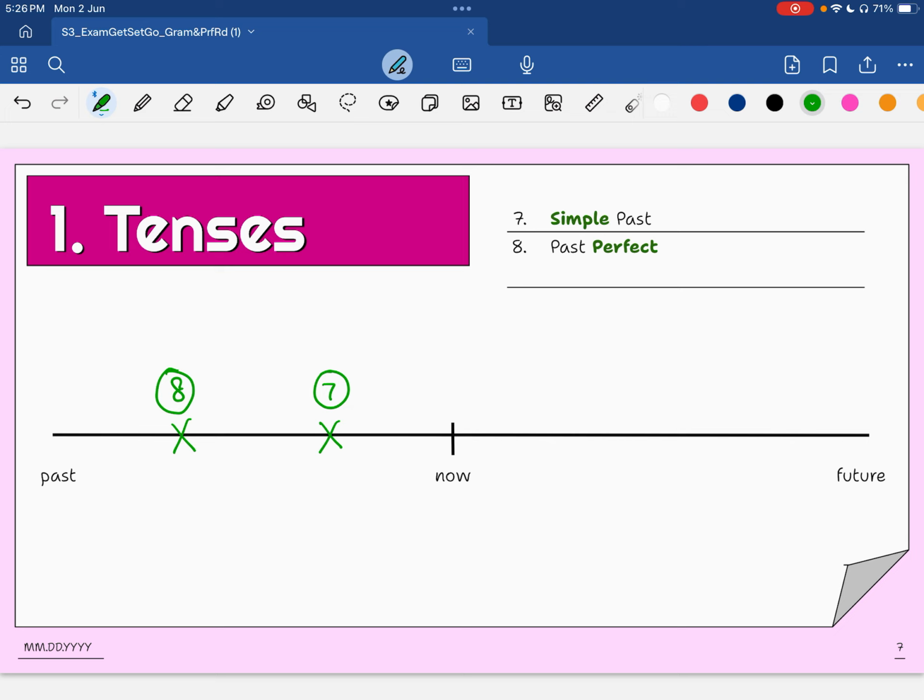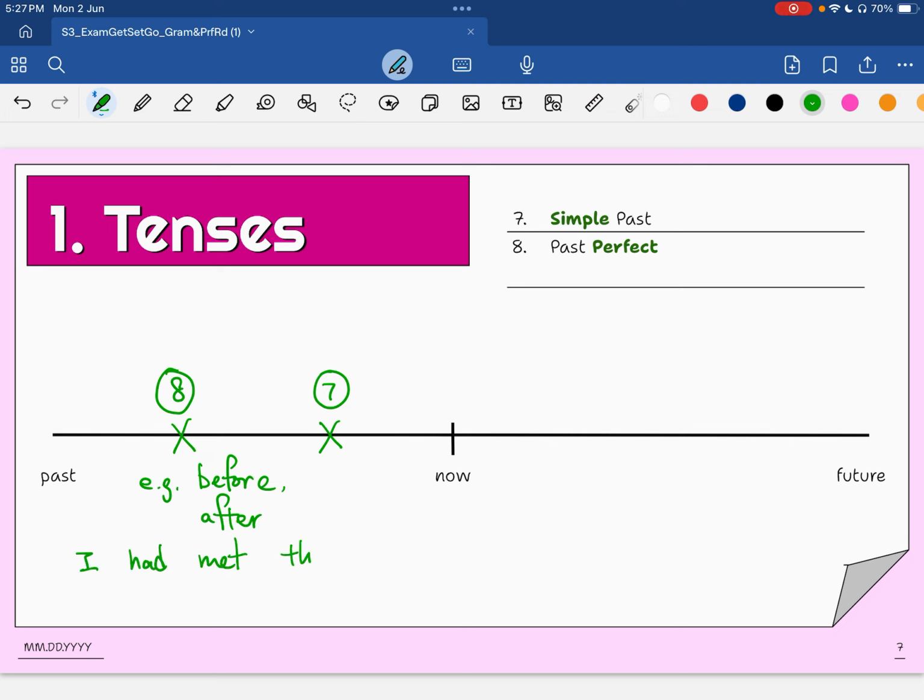So, as you can see, there is something about the order of action. So, you would see words like before and after. For example, if I need to mention the two actions in the past, I can write something like this.